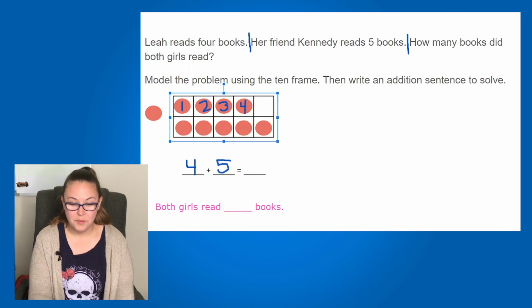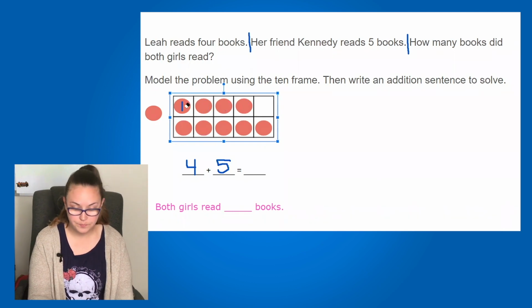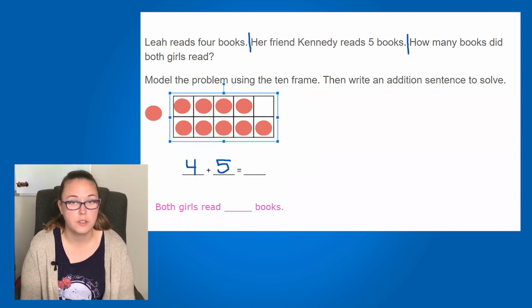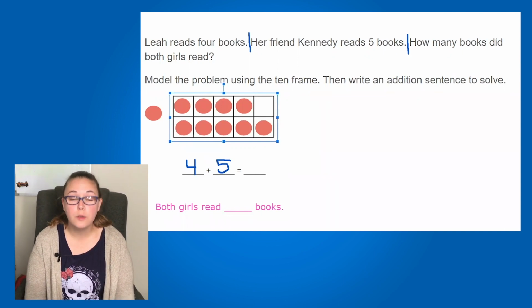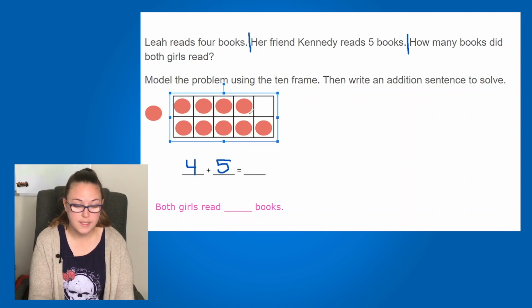Now the next thing we're going to do might confuse you a little bit, so make sure you listen really well. We're going to count the number of counters in our 10 frame, but we're going to start with the number 5 because we know this second row has 5 in it. So starting with 5 and then counting on 4 more. Are you ready?